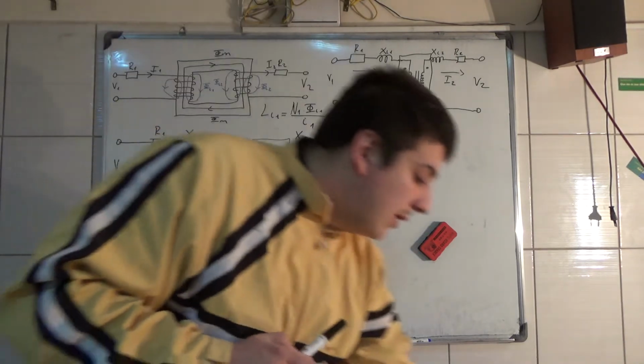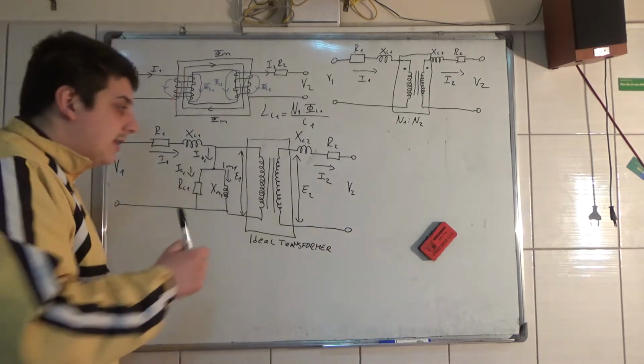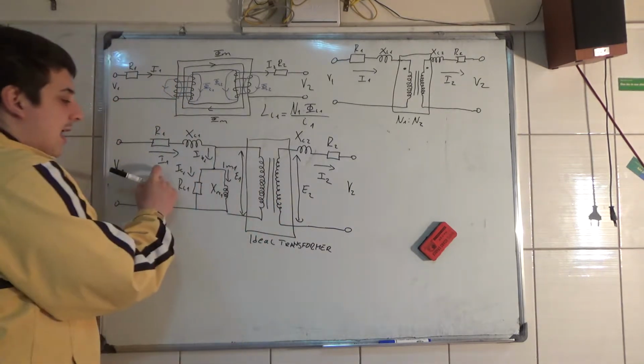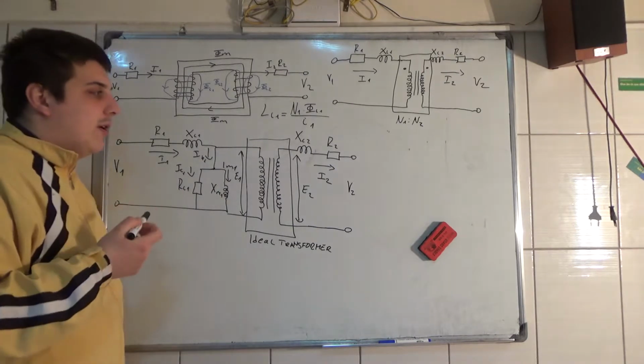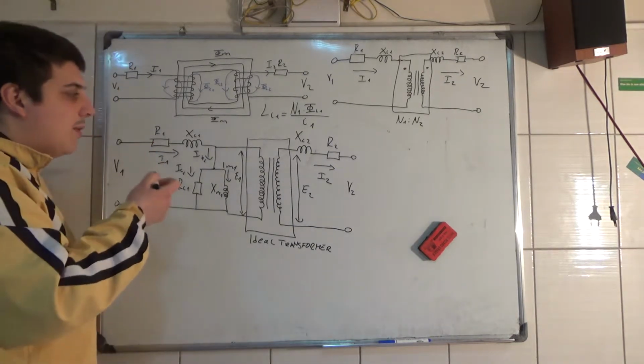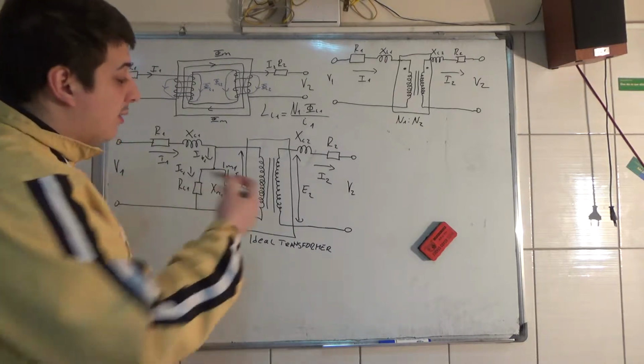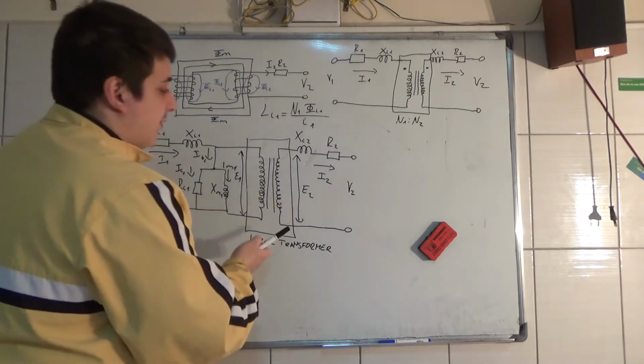Now, what do we want to do? We want this to move left or right, because we want to have a better picture of this transformer.